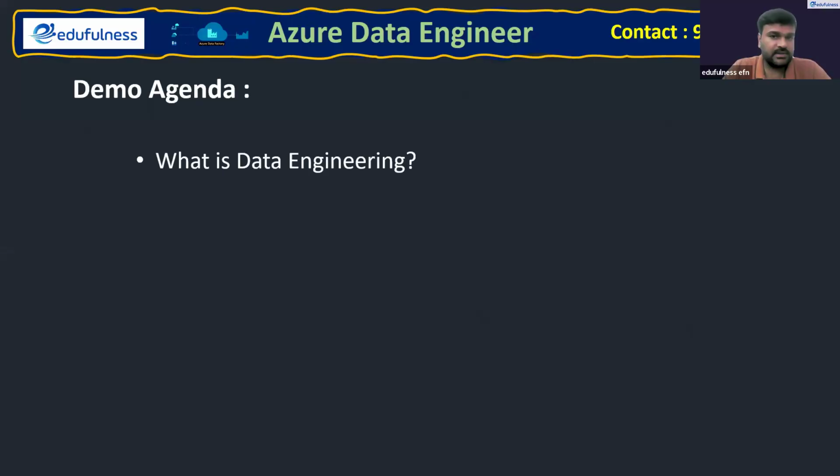The very first one is what is data engineering. It is very important, as people might be coming from multiple domains or be completely new to data engineering. First of all, we need to understand what kind of tasks you will be doing in real time, exactly where you are going to work.